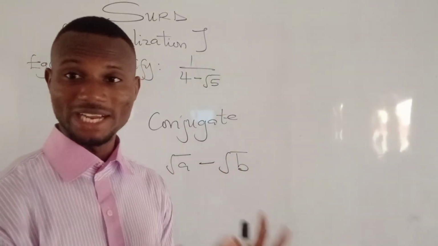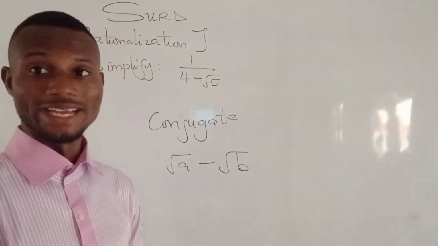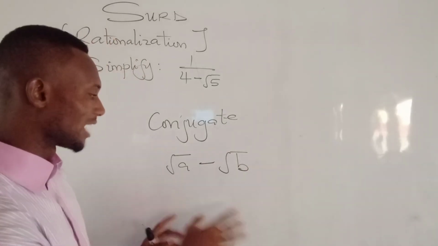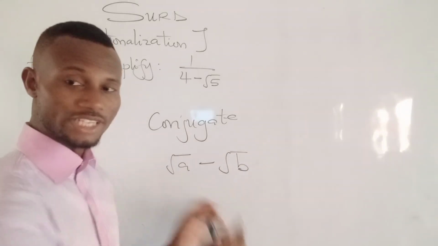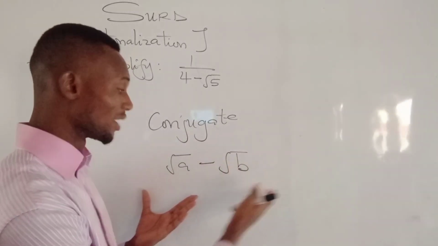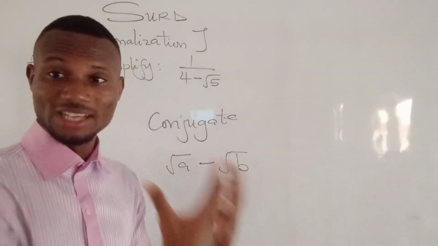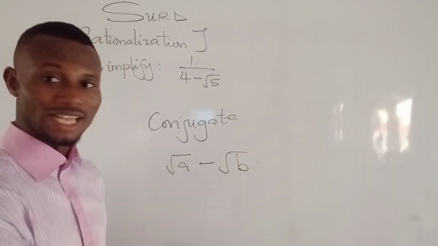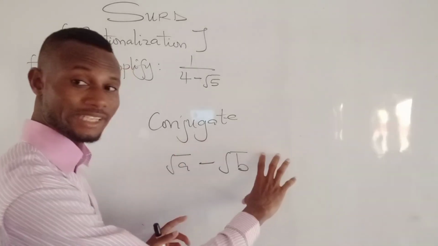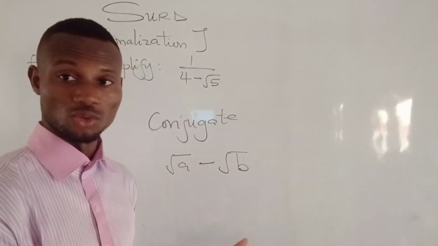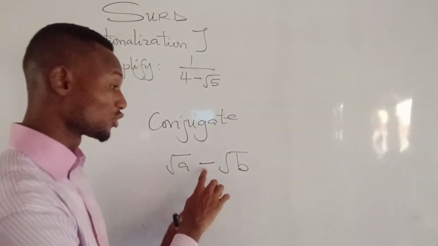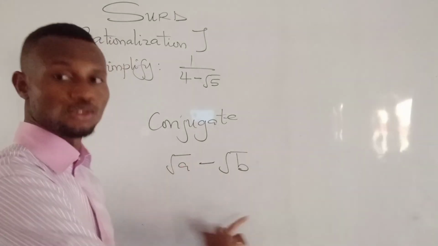When we speak about the conjugation of a given surd, for example, having root a minus root b, and I ask you what is the conjugate of this expression, this surd that I've written on the board, it just means that you repeat the same thing and the negative sign you change it to positive. That's all. Are you getting it? So if here was to be positive, you would have changed it to negative.